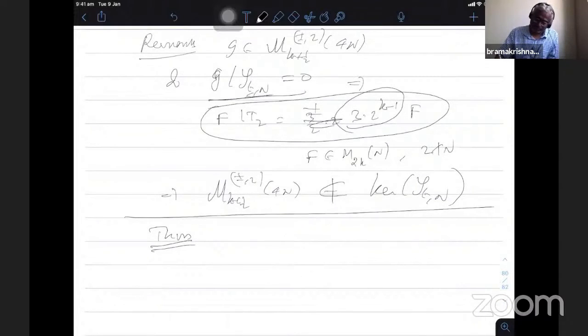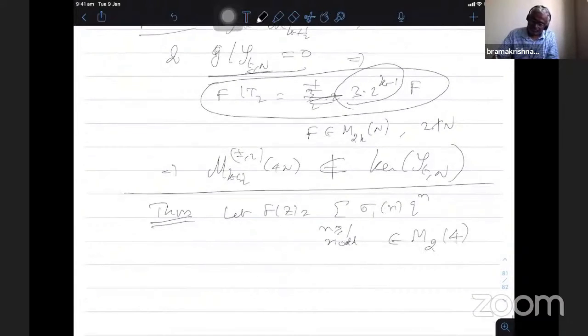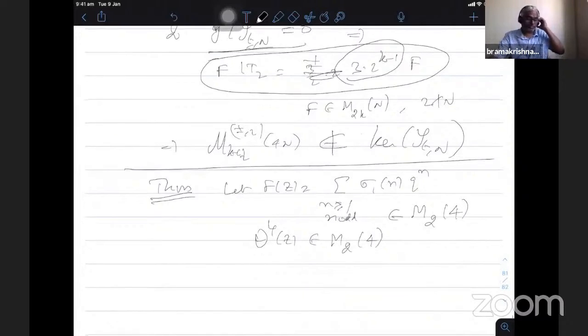That capital F of Z is a weight 2 modular form of level 1, sum over n greater than or equal to 1, n odd. So it retains all the divisor functions, some of the divisors of n, but only when n is odd I keep this coefficient. This belongs to M2 of 4, that is known, and also theta power 4 of Z is weight 2, level 4, both are forms.